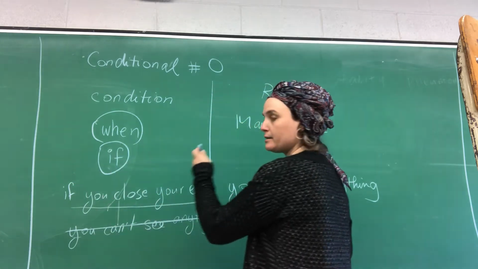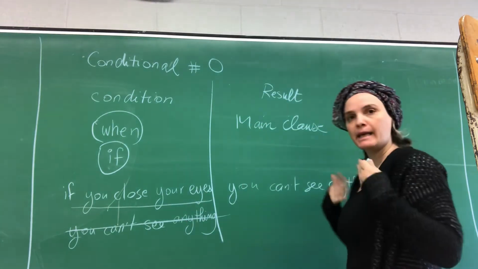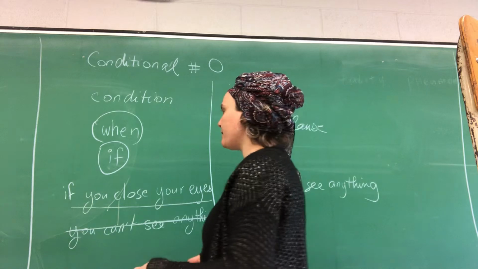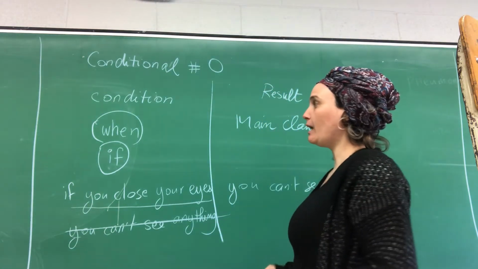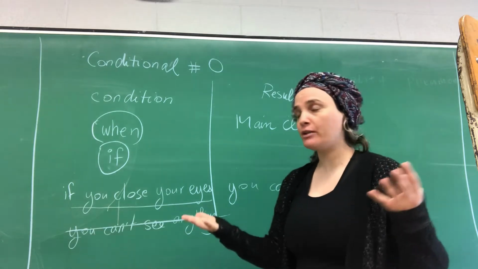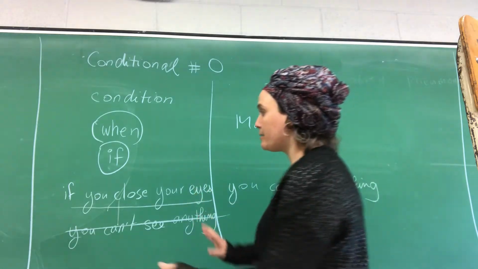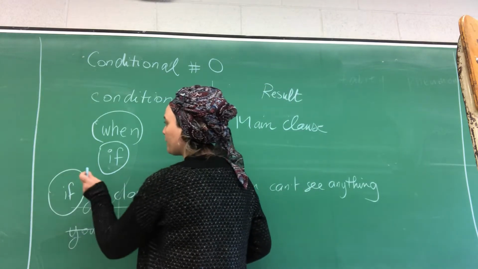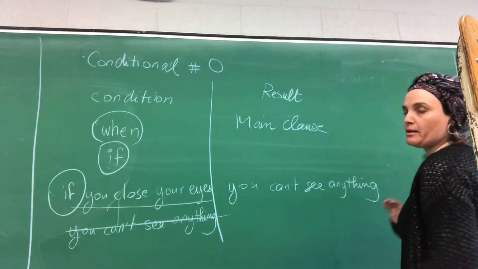If you heat ice, then what happens? What's the result? It melts. So basically, this is what we call conditional zero. Again, it talks about facts in general. It's very easy to understand because you only need the if clause or the when clause, right? And then the results.